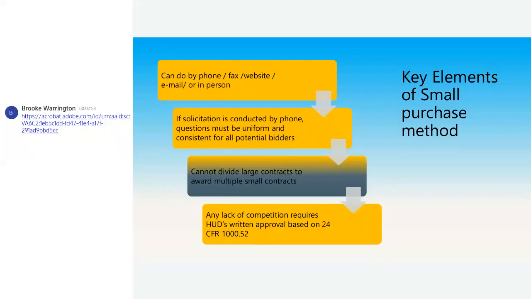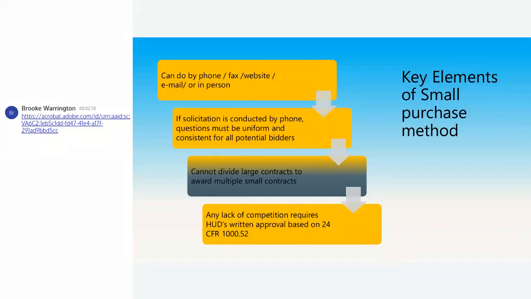Key elements: you can do it by phone, fax, website, email, in person. If the solicitation is conducted by phone, actually, no matter which way you conduct it, it has to be uniform and consistent for all your potential bidders. You cannot divide large contracts into small, multiple contracts.